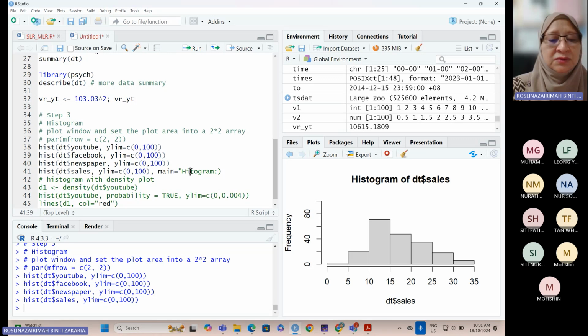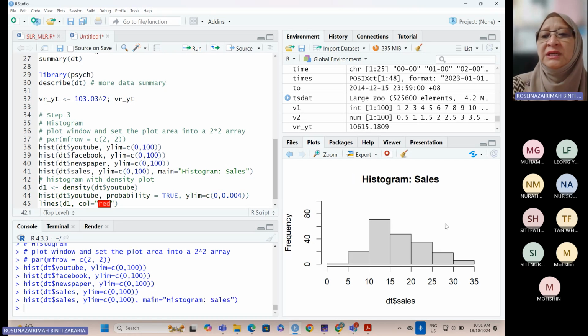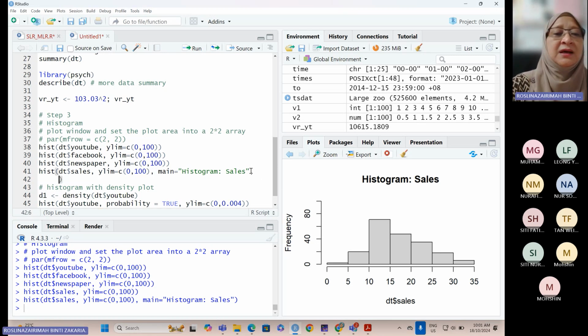Histogram, and then I put sales there. Run again, so I change that. Similarly, you can change the X label and the Y label.